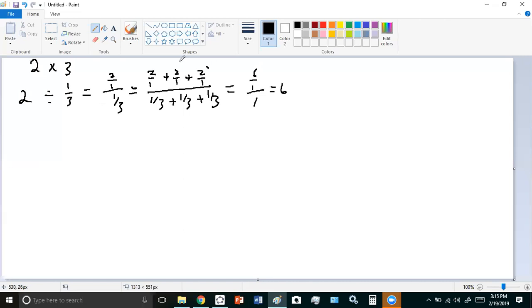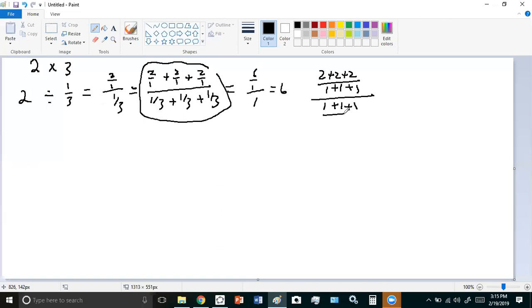Now, you could have done the same thing here like this. You could have just said 2 plus 2 plus 2 over 1 plus 1 plus 1 all over 1 plus 1 plus 1 all over 3 plus 3 plus 3, which would give us 6 over 1, which would give us 3 over 9, which is the same as 18 over 3, right?